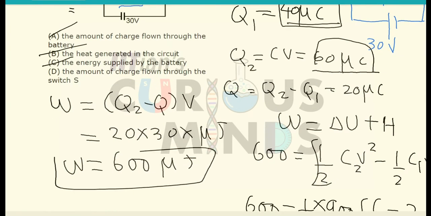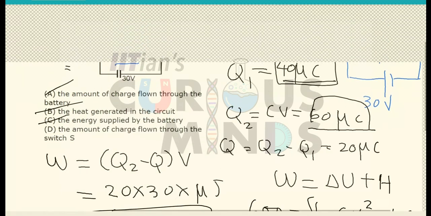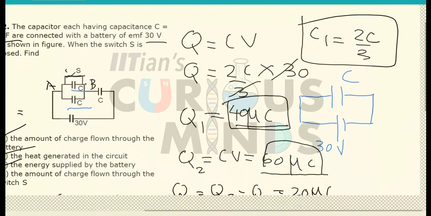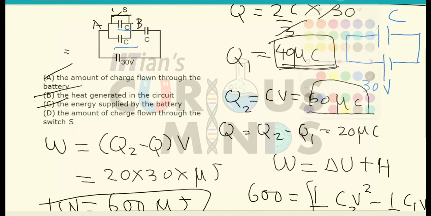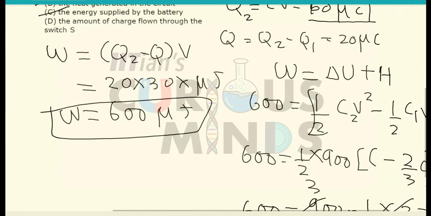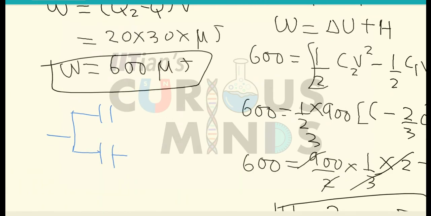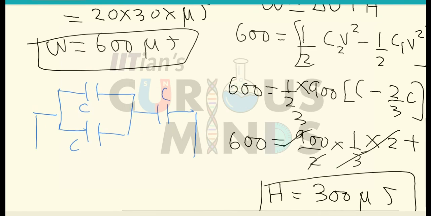We have to find out the amount of charge flown through the switch. Now what will happen in the initial case? The initial charge was equal to 40 microcoulomb. So in the initial case, I will draw this diagram once again. There were two capacitors, C and C, and to this a capacitor C is connected, and to this I have connected a battery of 30 volt.